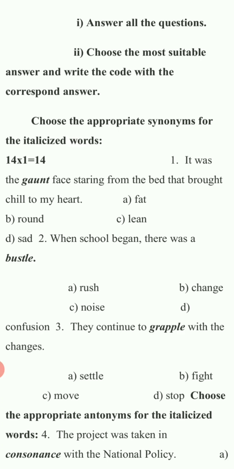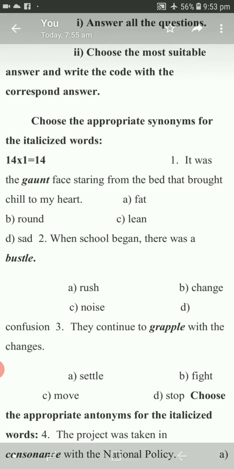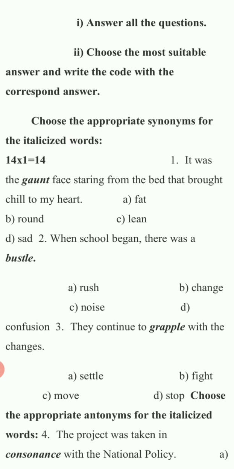Second question. When school began, there was a bustle. Option A, rush. B, change. C, noise. D, confusion. Can you say which is the correct answer? Yes, bustle. Correct answer is option A, rush. While writing, you have to write the option with the answer. Third question. They continued to grapple with the changes.